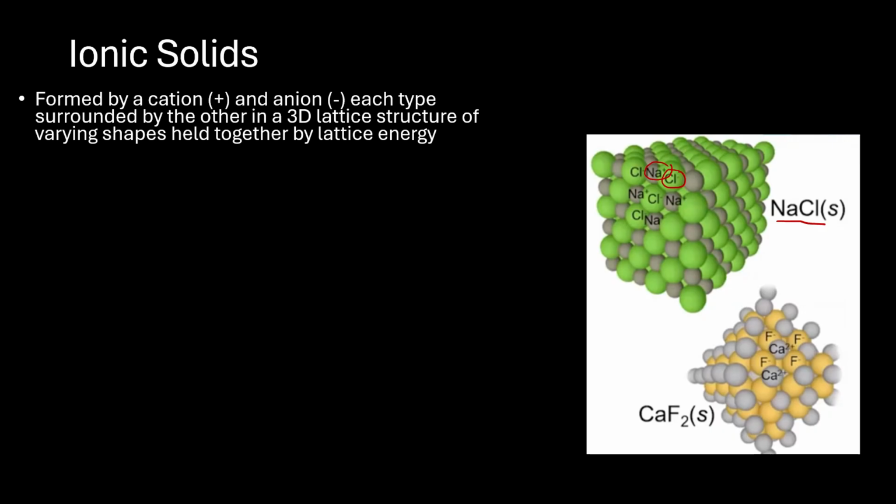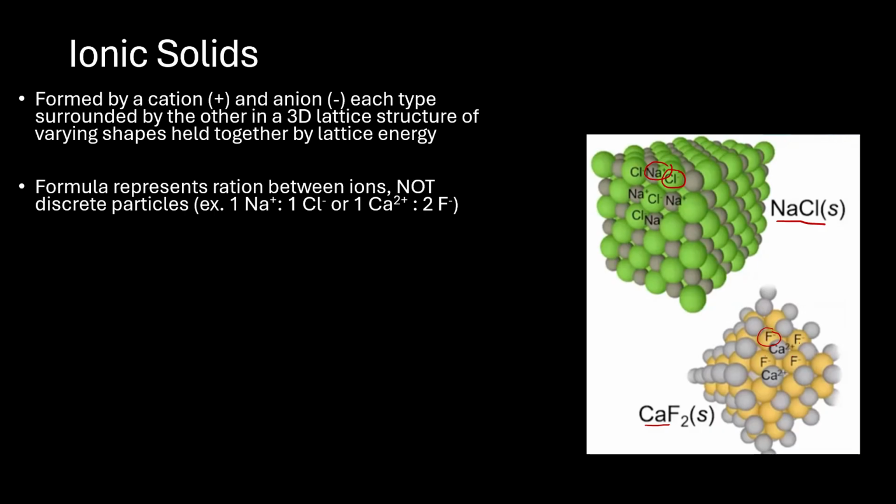Down here, we have an example of more of a rhomboid shape for calcium fluoride, CaF2. We see that calcium cation right here, and we have that fluorine anion sitting right next to it, surrounding the calcium 2+. What you need to realize about ionic solids, and again this is review, is that the formula represents the ratio between ions, not discrete particles.